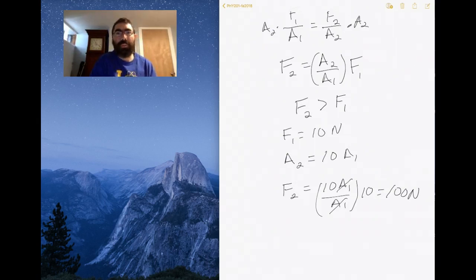So this is what makes things possible, like brakes in your car. There is a brake fluid, a certain type of oil, which has a certain density, and then you apply a force to the brake pedal.